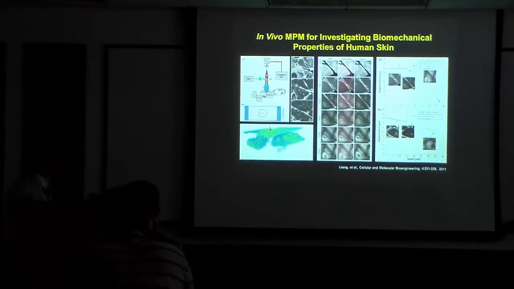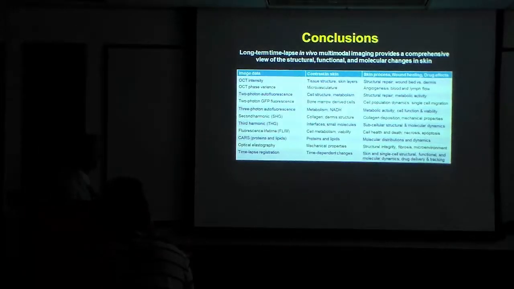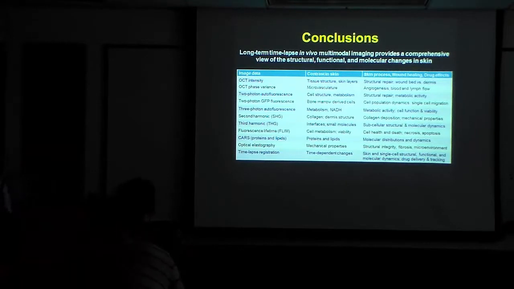I think I'll skip this and just end and say that we have a long list of multimodal, optical imaging approaches for looking at tissue and cells and molecules. I've gone through all of these today very quickly.